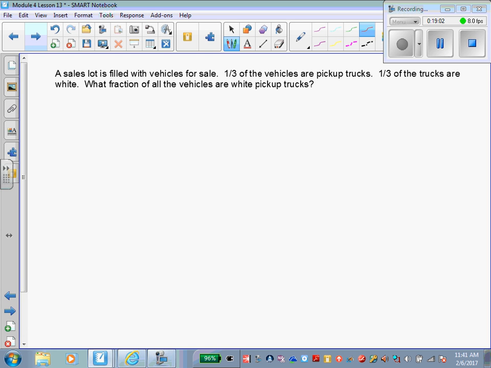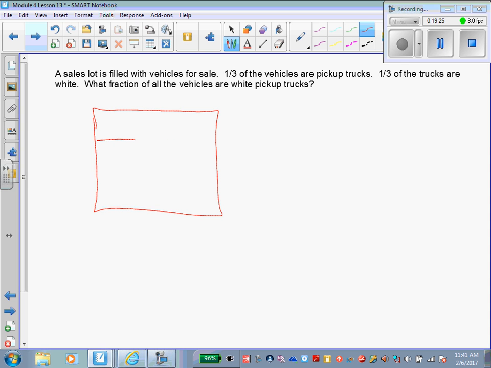How can I model this problem? How can I model it? Tiana? So we draw a model. I like boxes because fractions are easy on boxes. All right, and you told me to model it and show 1/3.